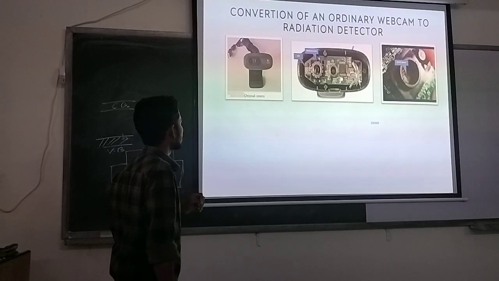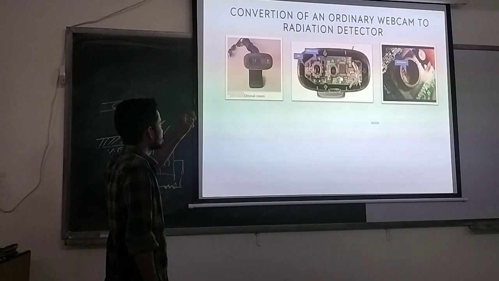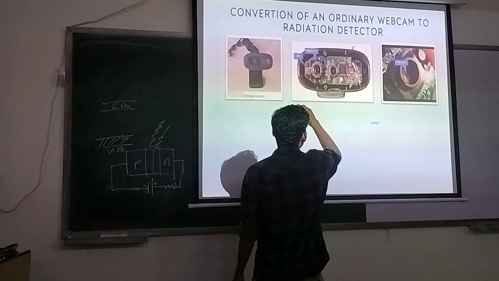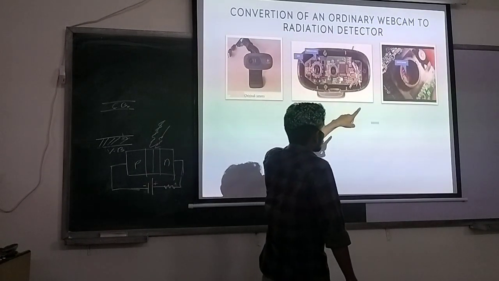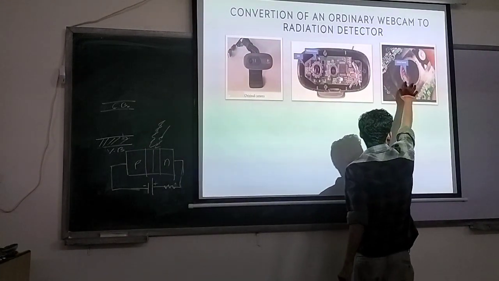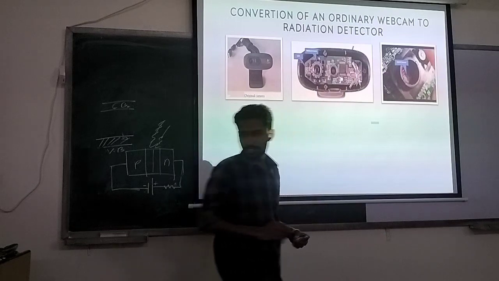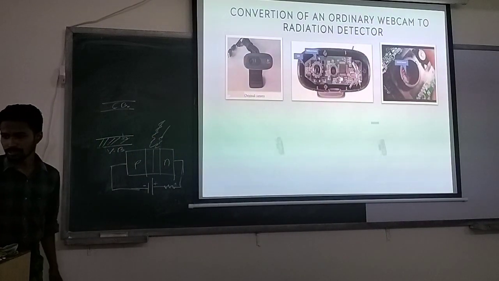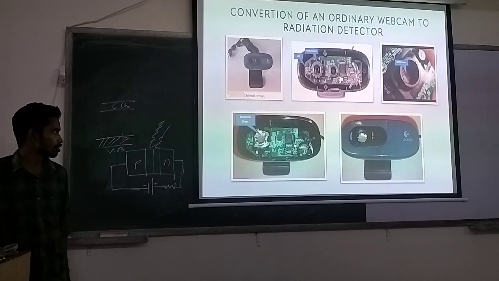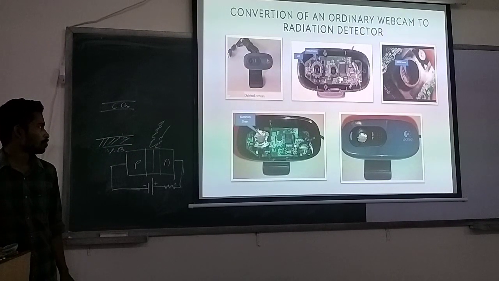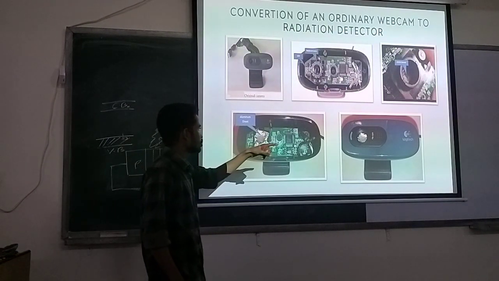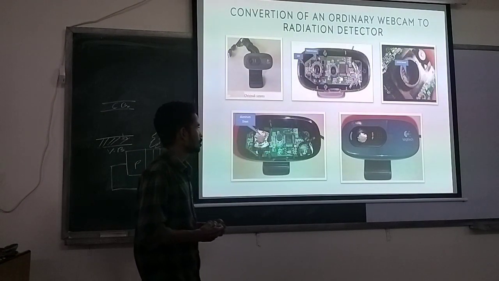With the screwdriver, we remove the front cover of this webcam. Then we dismantle it. Then this is the CMOS. Then we cover this CMOS with aluminum sheet to avoid ambient light. Then we check its original position.